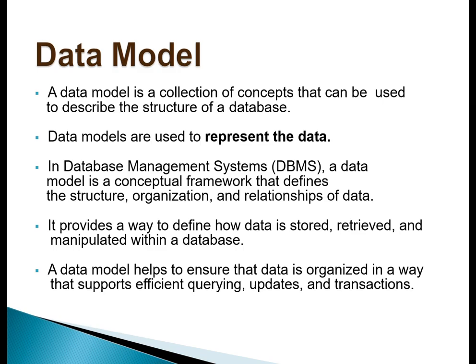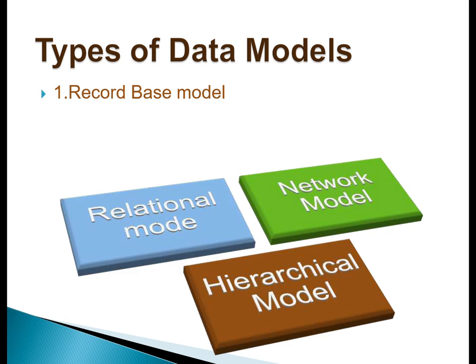Or you can say that in DBMS, a data model is a conceptual framework that defines the structure, organization and relationship among data. So it defines how your data will be organized in the database. So these are the categories of data models.